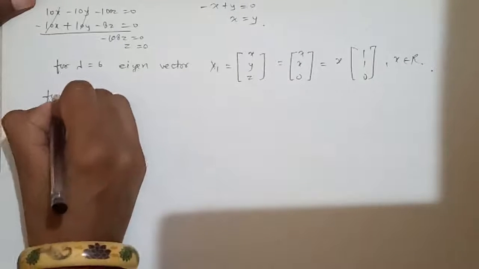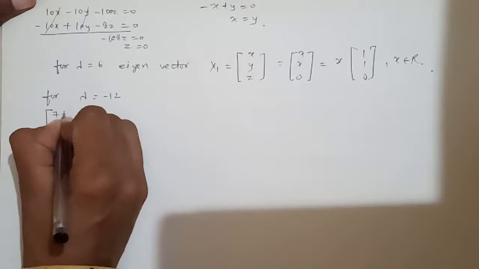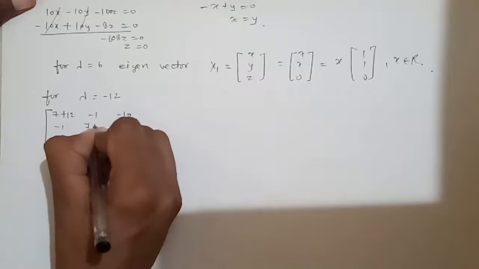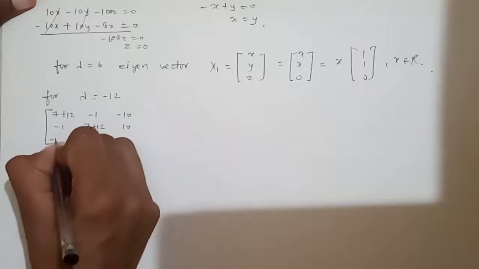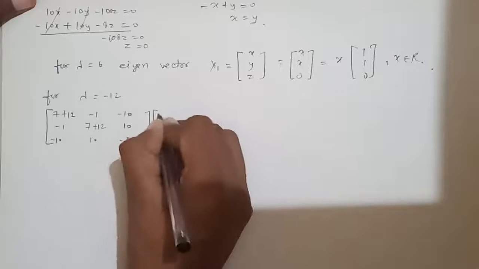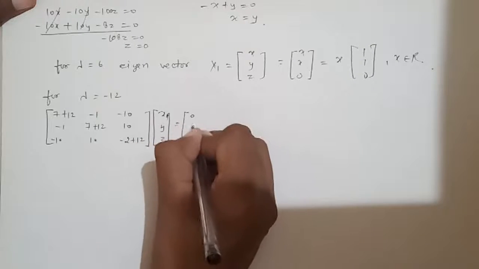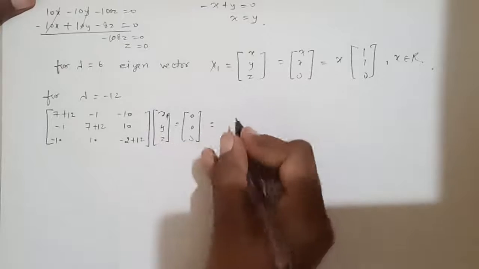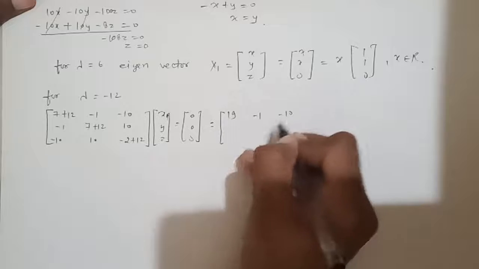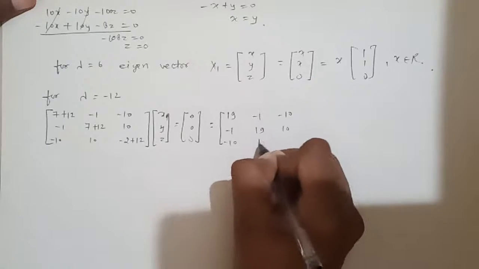Now for lambda is equal to minus 12, the matrix is 7 plus 12, minus 1, minus 10; minus 1, 7 plus 12, 10; minus 10, 10, minus 2 plus 12, times x, y, z is equal to 0, 0, 0. Further simplifying, we get 19, minus 1, minus 10; minus 1, 19, 10; minus 10, 10, 10.